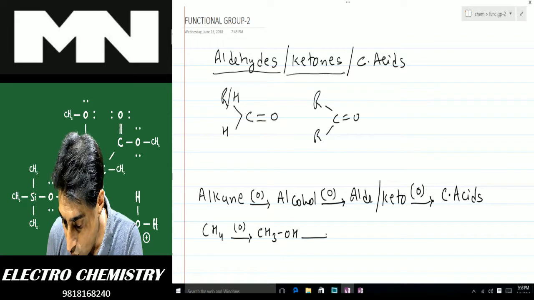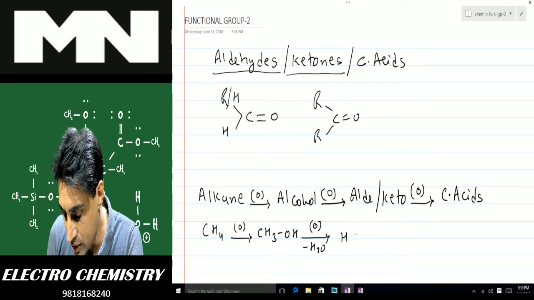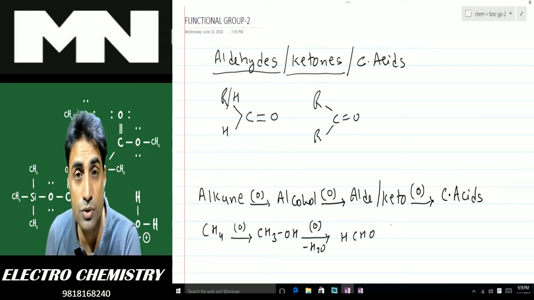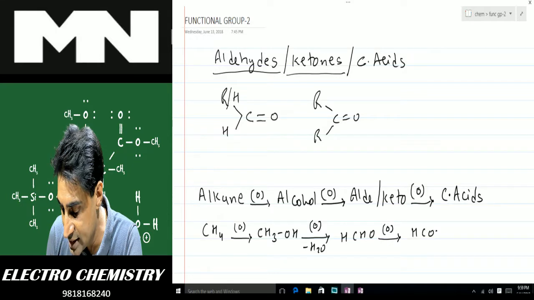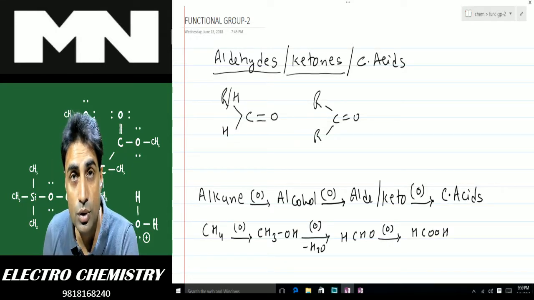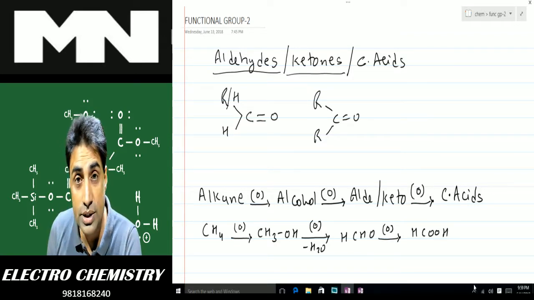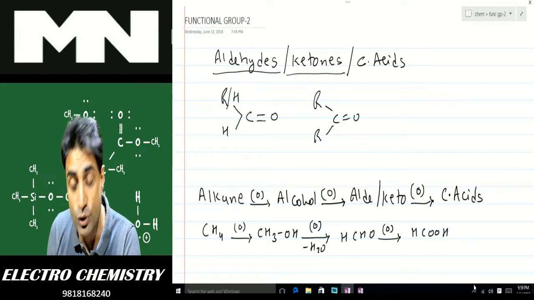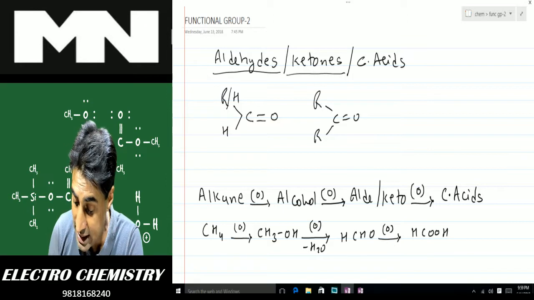Likewise, on further oxidation, two hydrogens come out as H2O. I will get a compound that is HCHO, which is formaldehyde. So now I'm getting an aldehyde. On further oxidation, it will give me formic acid. This is the basic sequence which they follow. Alkanes on oxidation give you alcohol, alcohols on oxidation give you aldehyde or ketone, and aldehyde or ketone on further oxidation gives you carboxylic acid.